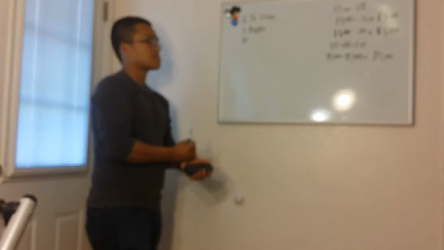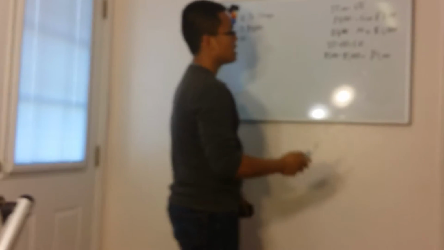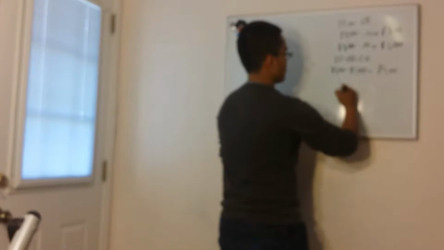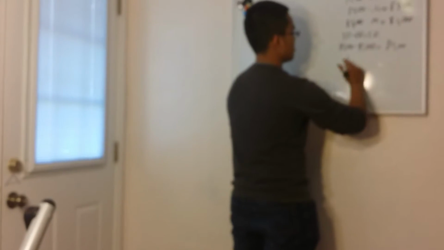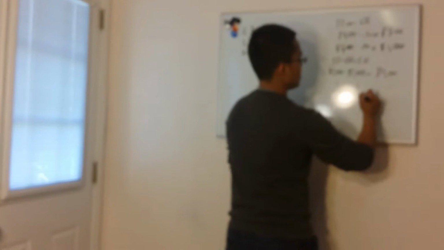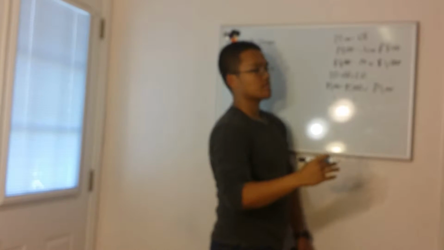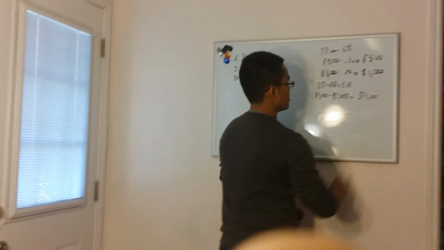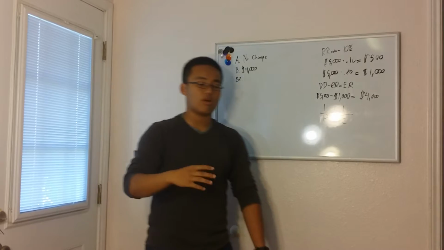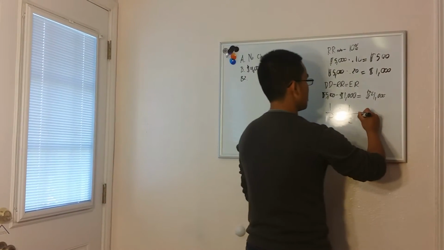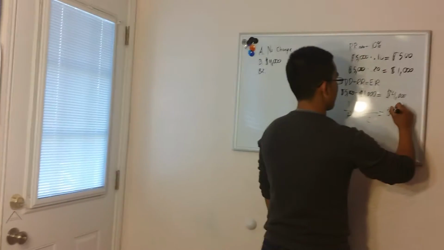To do that, we will use the money multiplier, which would be 1 over RR, so 1 over 0.20, our required reserve ratio. 1 divided by 0.2 will give us 5.